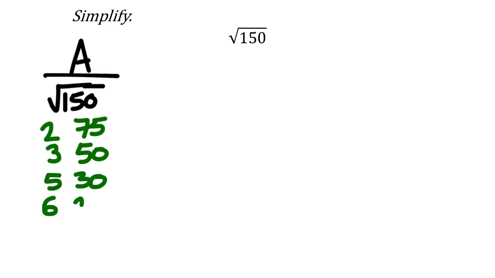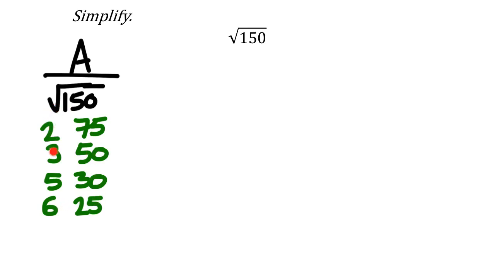Oh, there we go. 6 and 25. Now, this is as far as I need to go in terms of making factor pairs for 150. And you probably notice that there are more factor pairs of 150, but I moved through the list starting on my left with the smallest value. So I know there's 1 in 150. Again, I'm not concerned about 1. But then we got 2, 3, 5, and 6.